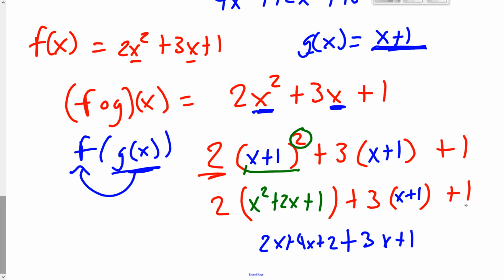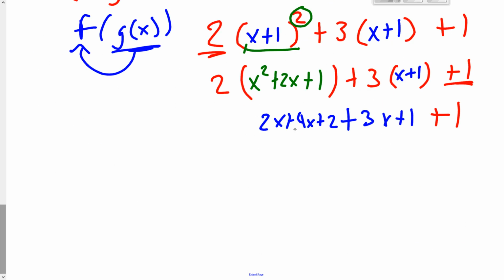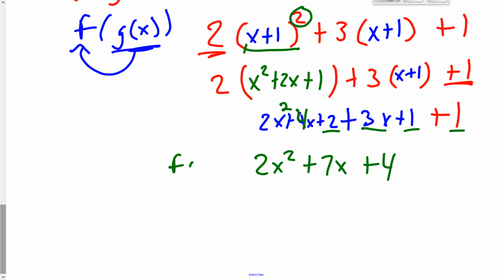And then I'm adding 1 still from over here. Now I can combine like terms. So I get a 2x squared plus, that's a 4x and a 3x is a 7x, and then 2 plus 1 is 4. So the answer to f of g of x is equal to 2x squared plus 7x plus 4.